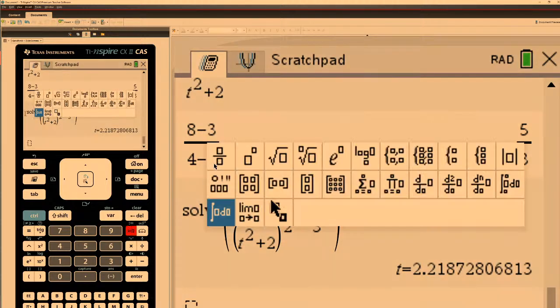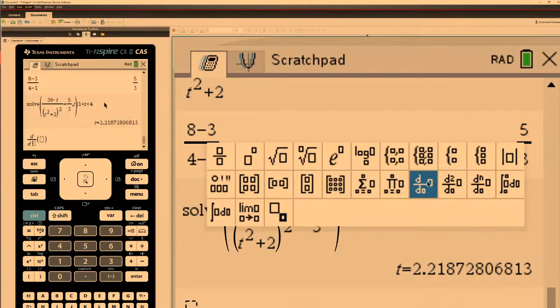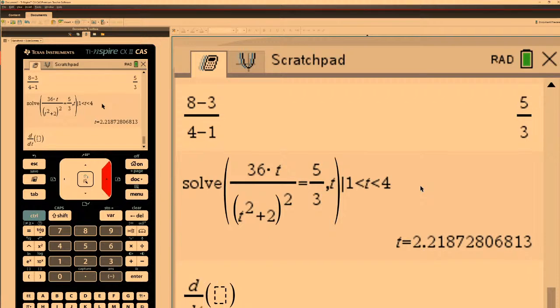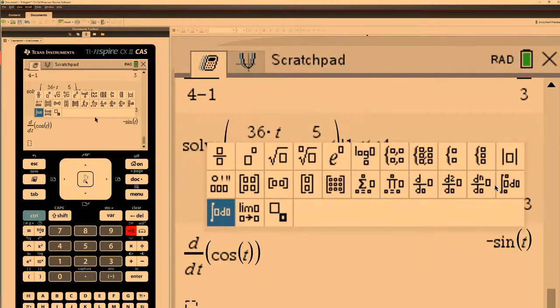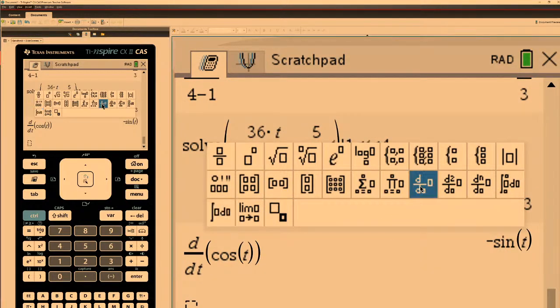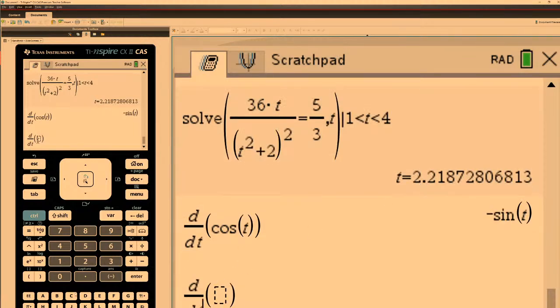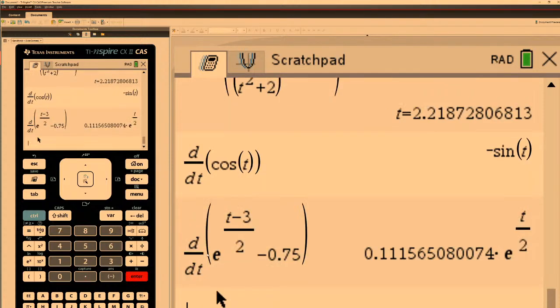So I'll do the derivative with respect to time of the first one, which was just cosine of t, and the second one was the derivative with respect to time of e to the parentheses t minus 3 over 2, and then minus 0.75. Right, that's pretty weird, but that works out, I guess.